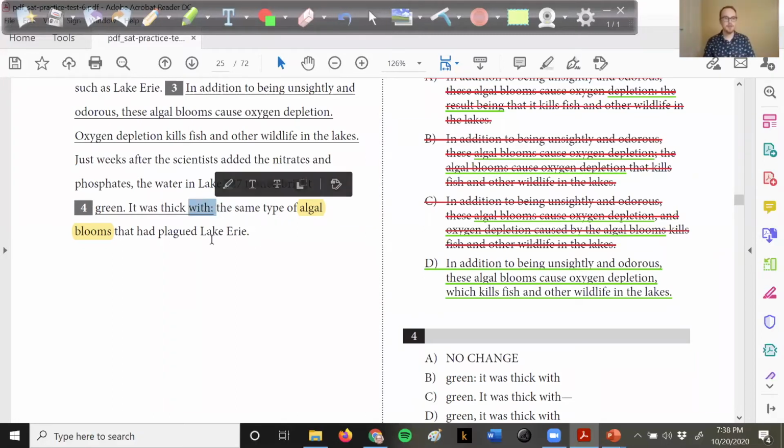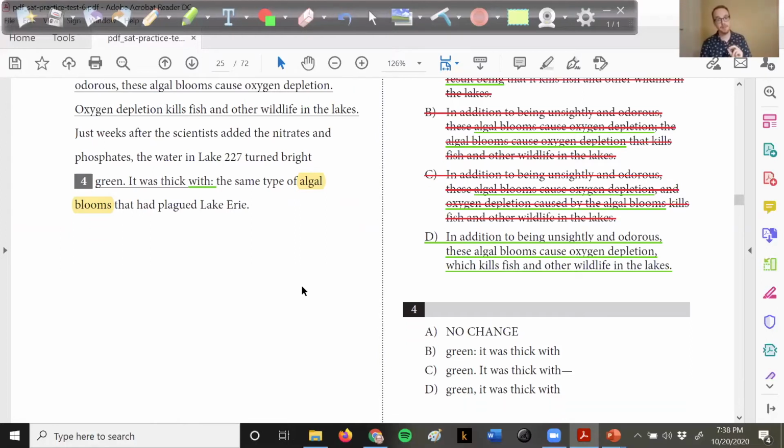If you can just remove it and it would still mean the same: it was thick with the same type of algal blooms that had plagued Lake Erie. And a good rule for punctuation is never use it just for flavor. When in doubt, don't sprinkle them in there unless you can think of a specific reason to use it.